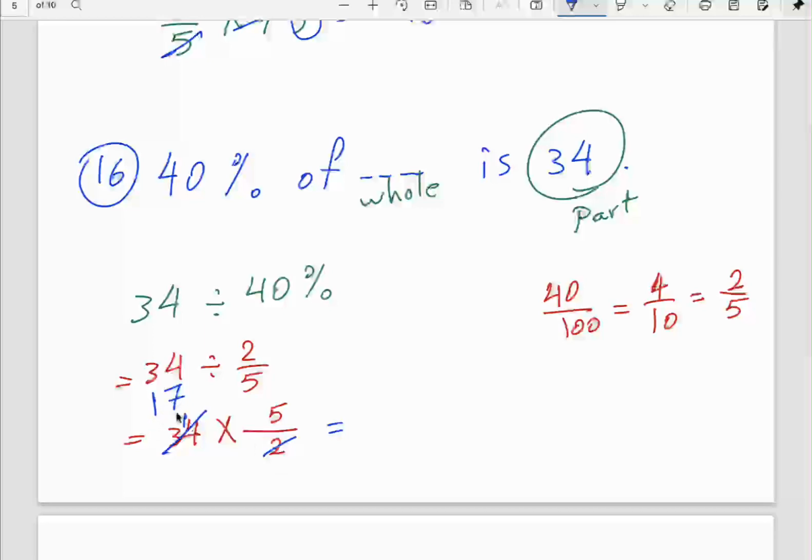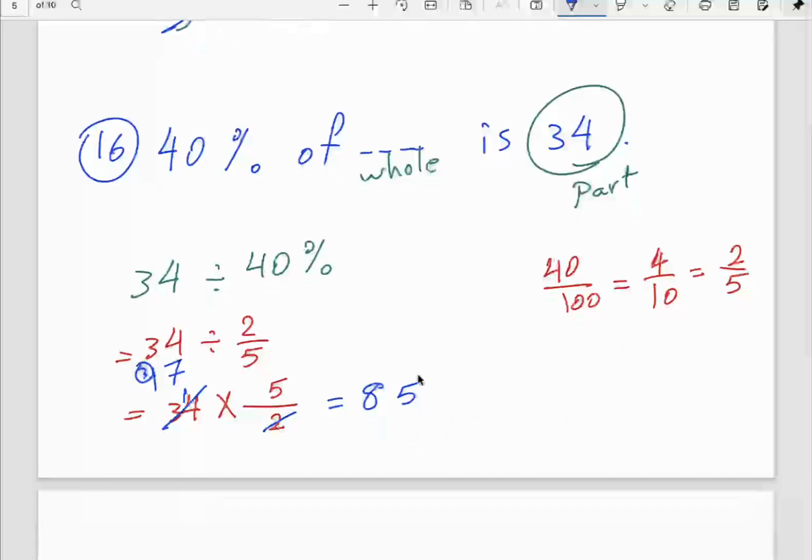Now we multiply 17 by 5. 7 times 5, then 1 times 5. 7 times 5 equals 35. And 1 times 5 equals 5, plus 3, it will equal 85. Okay, thank you.